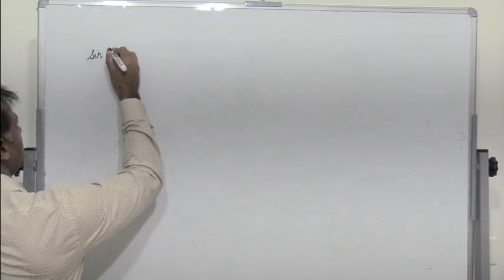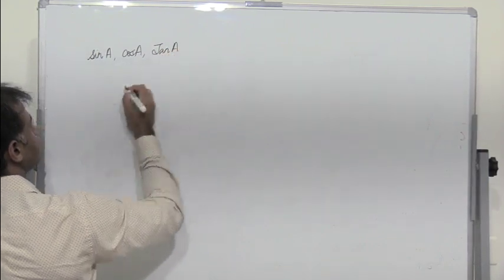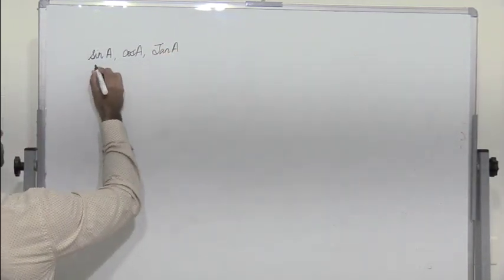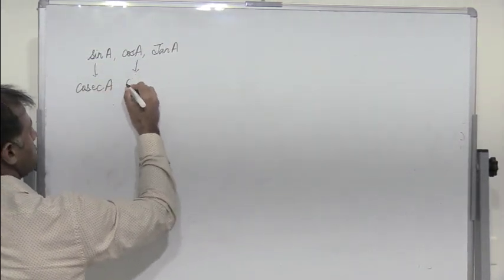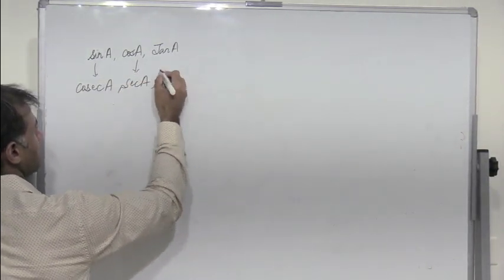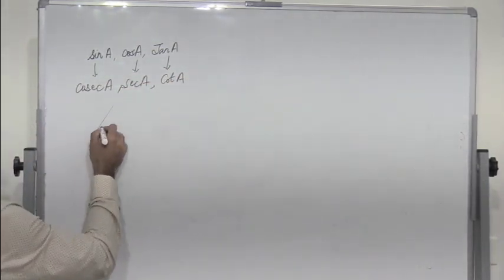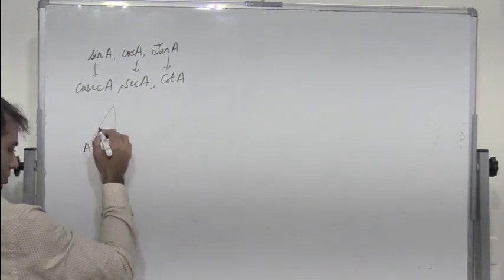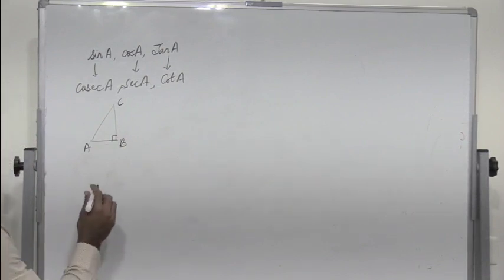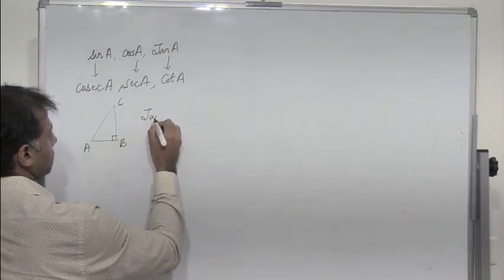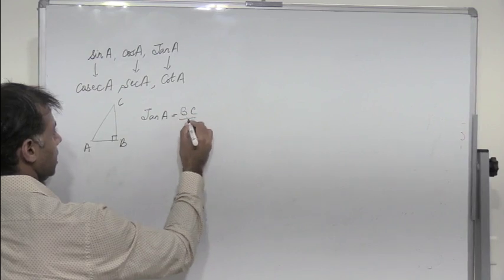I have sin A, cos A, tan A. Their inverses: for sine it is cosec A, for cos it is sec A, and for tan it is cot A. Now given a right angle triangle ABC, what is tan A? Tan A is the opposite side BC by AB.